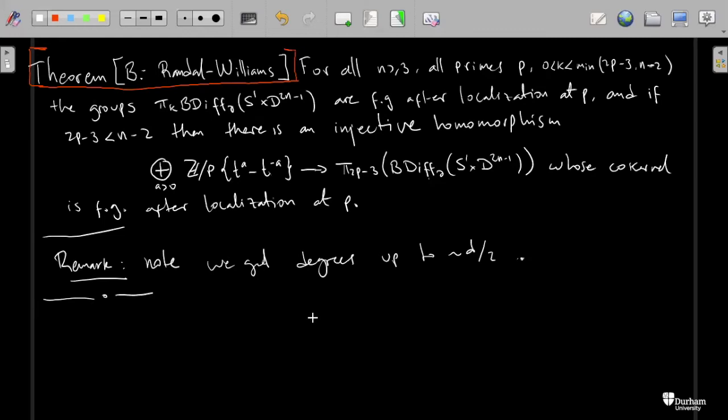Okay, so let me tell you what the main ideas that go into proving this. So we'll create a new page here. Here's the key idea: it is to express the diffeomorphisms of the solid torus.